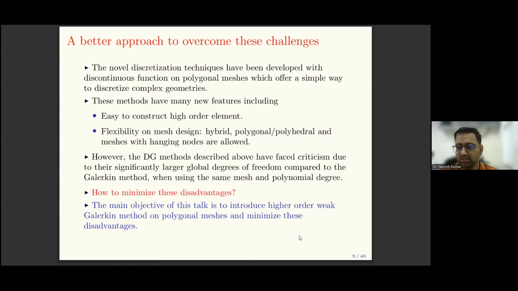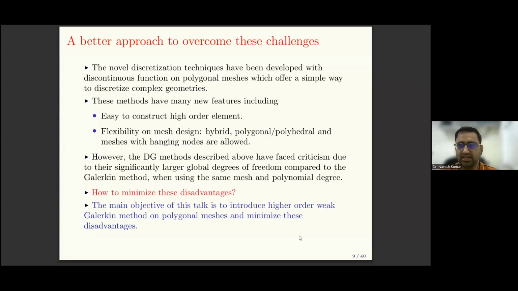So the computational cost will be very high compared to the classical finite element methods. If we take the same mesh and the same polynomial degree, the classical FEM will be better. But for the polygonal basis, classical FEM is not applicable. So that's why we have to use some DG approaches.